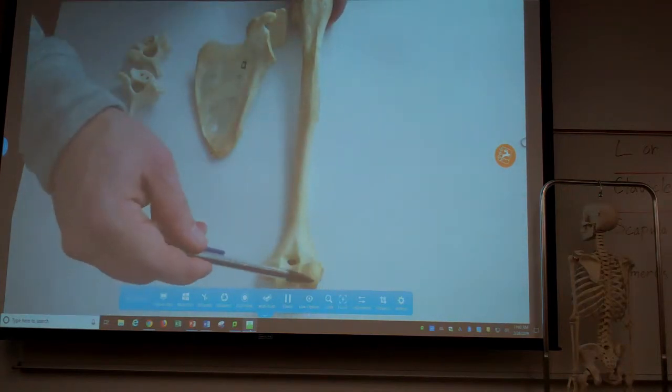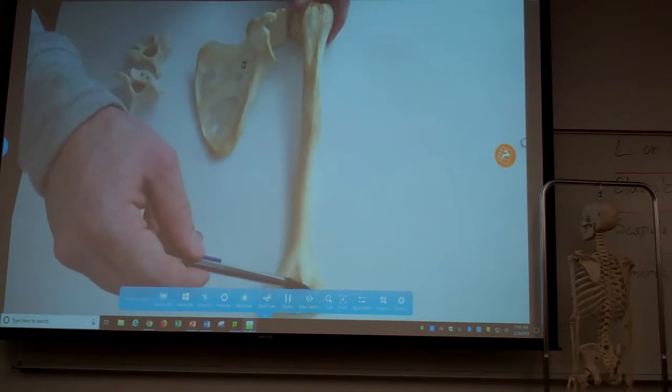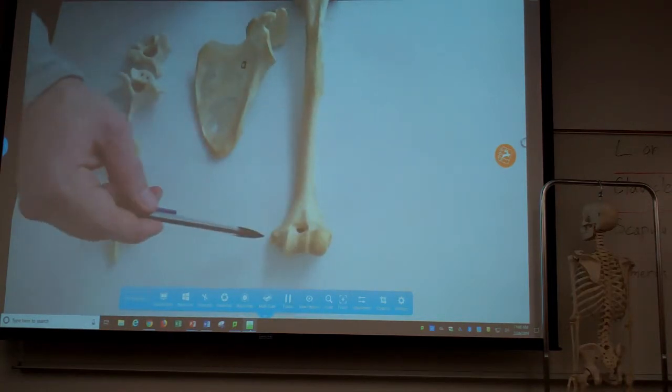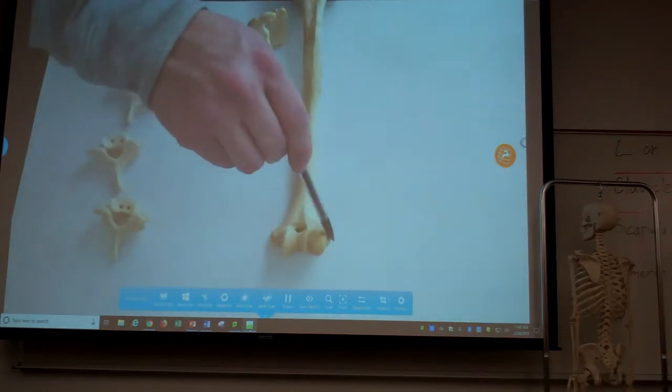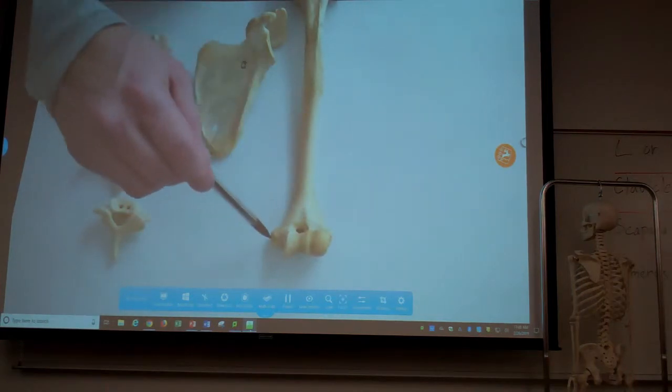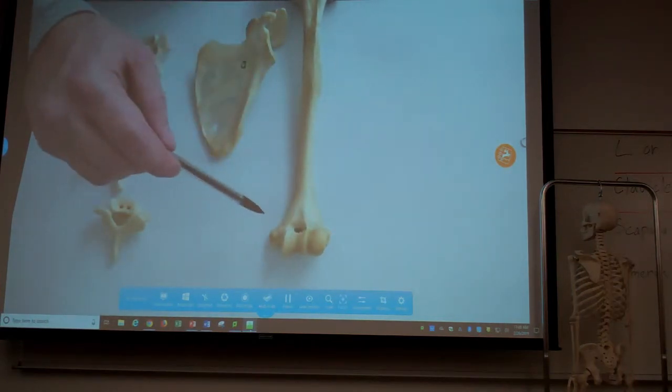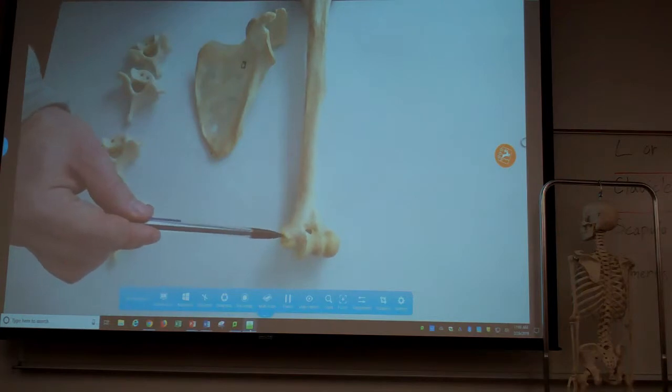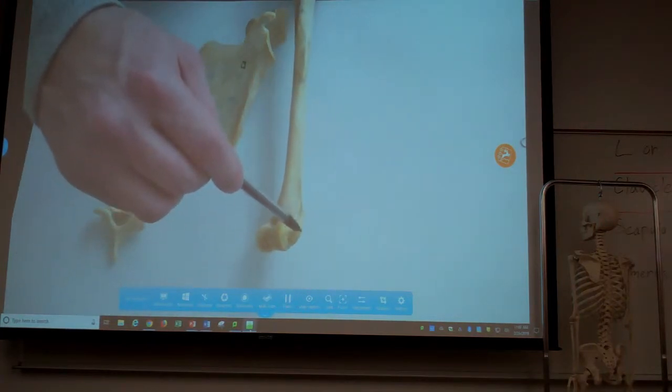Again, understanding we've got condyles down here. Remember, with condyles, parts that are immediately superior and sticking out the side, we call those epicondyles. So we've got an epicondyle here, this bump, and an epicondyle here, this bump.